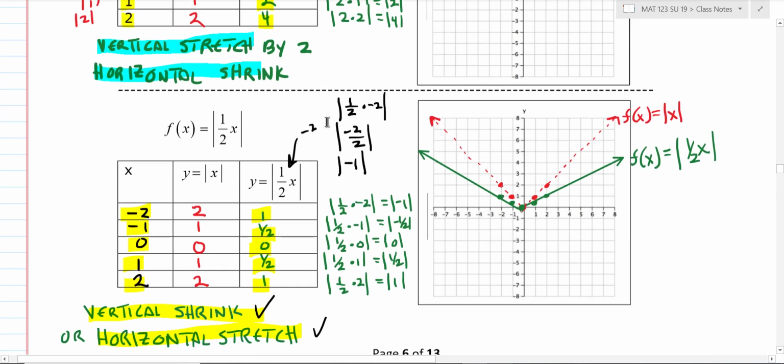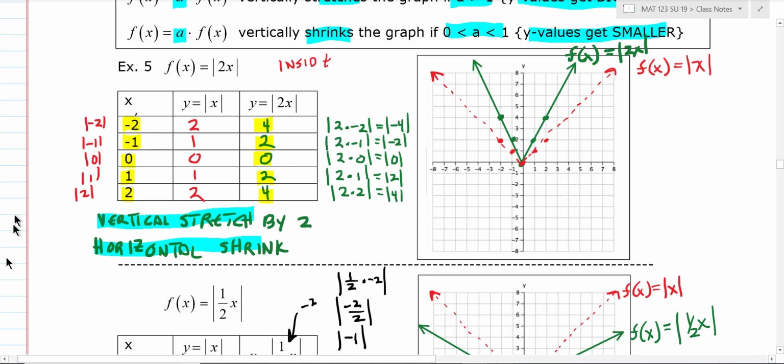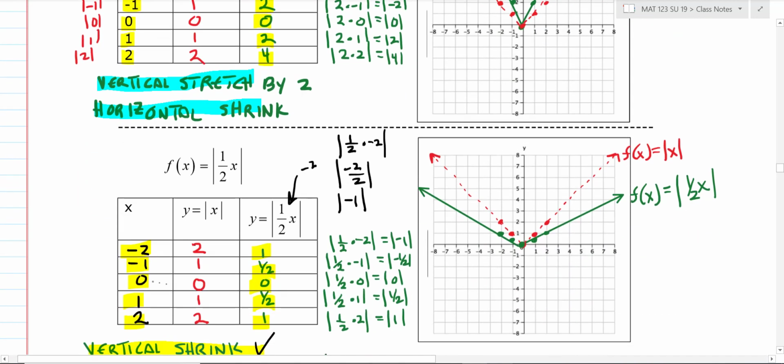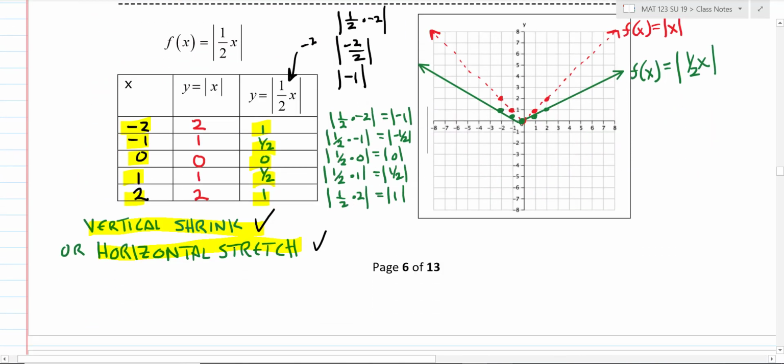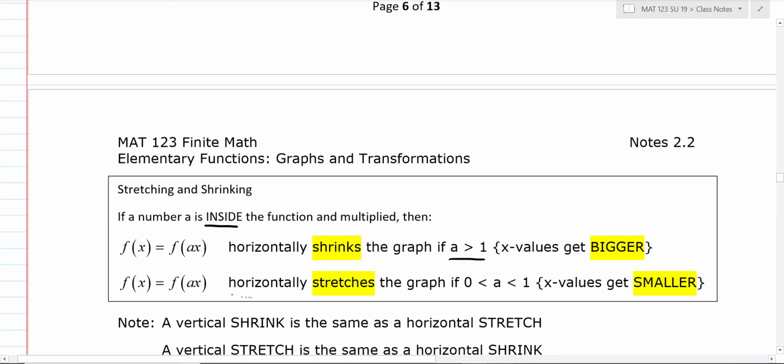An example of that would be this one. That was a horizontal shrink because the 2 was inside the function. Notice that the red graph shrunk to make the green graph. And if this is a fractional value, then it's a horizontal stretch. Okay, so that kind of summarizes this.